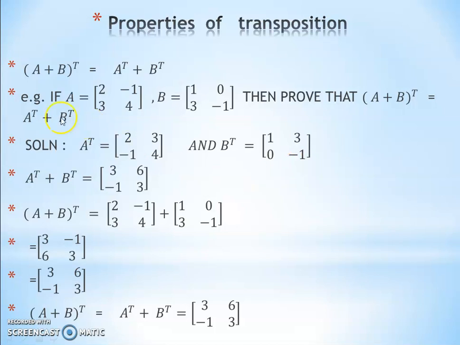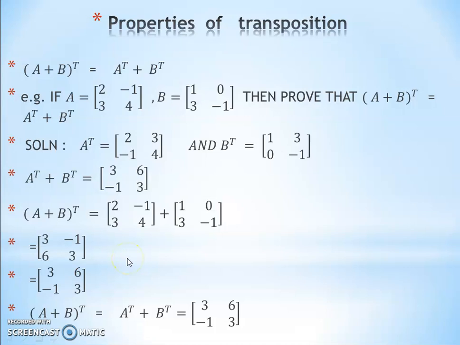Now we take A transpose plus B transpose, which is the right hand side. A transpose plus B transpose is equal to 2 plus 1, 3; 3 plus 3, 6; minus 1 plus 0, minus 1; 4 minus 1, 3. So by adding A transpose and B transpose we derive 3, 6, minus 1, 3.